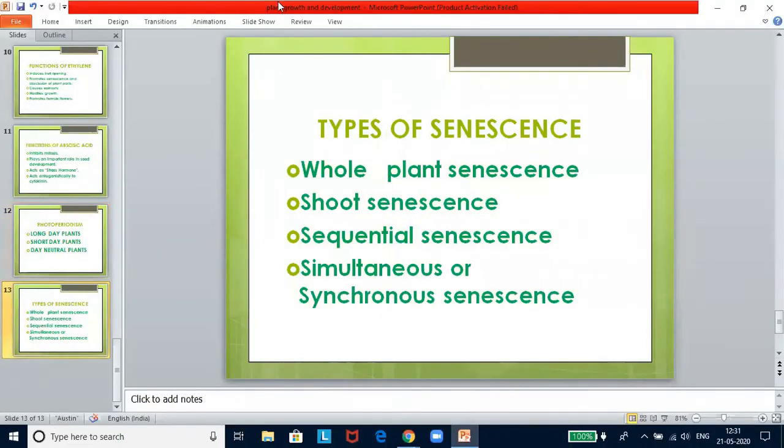It is also illustrated by a higher rate of catabolic activities, and it is controlled by some growth hormones. Senescence can be retarded to some extent by the use of growth regulators like cytokinin. Cytokinin has the property to conserve chlorophyll and to mobilize solutes from the older regions to the regions of senescence.